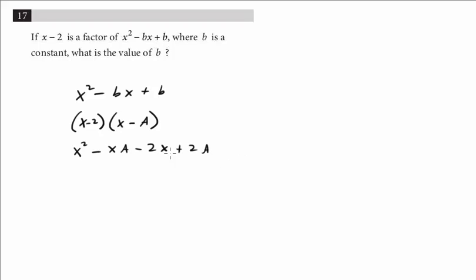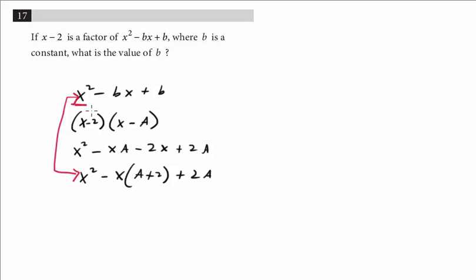We can further combine these middle terms. We get x squared minus, we have a common x there, so we have a plus 2. We just factored out an x from these middle two terms, and then plus 2a. Again, these two equations are equivalent, and you're going to see questions like this on the exam.